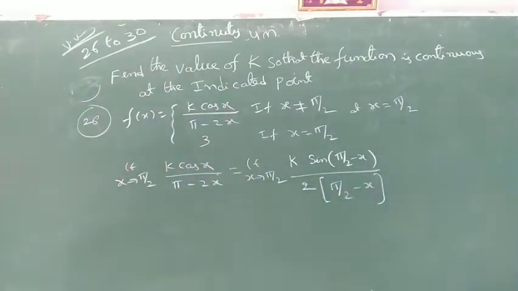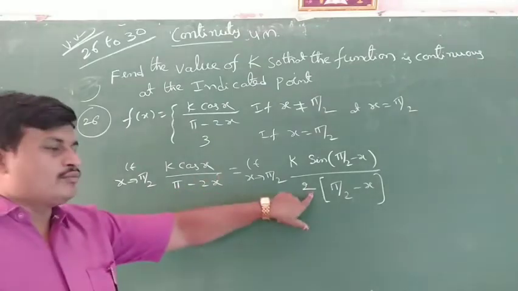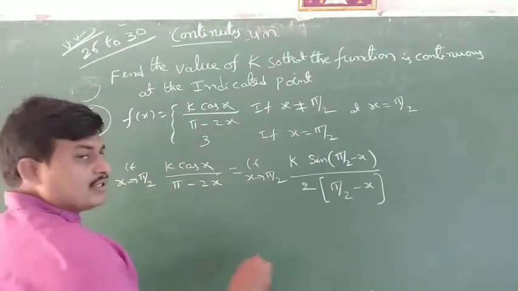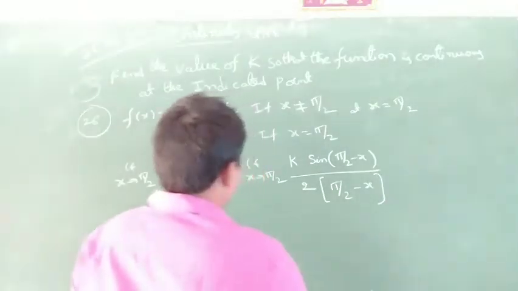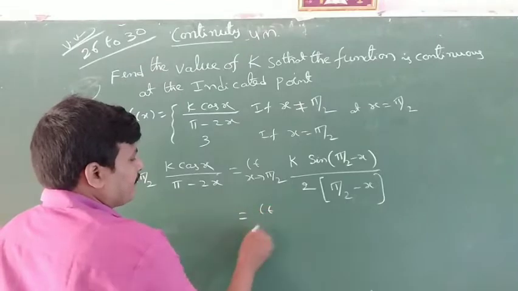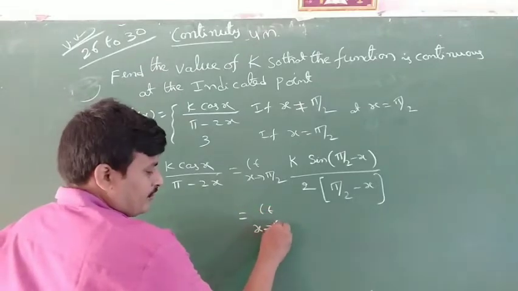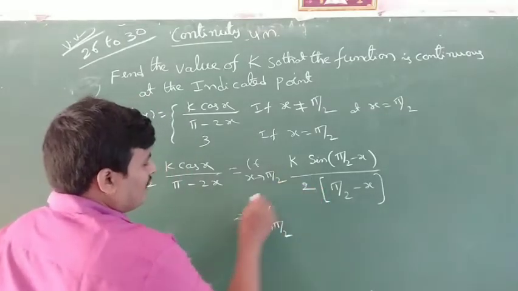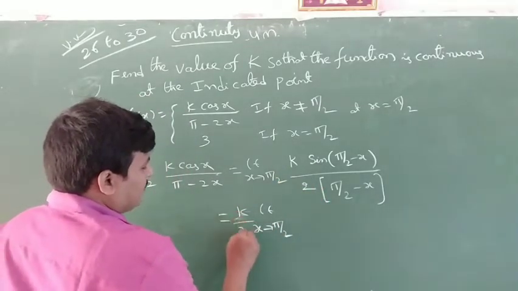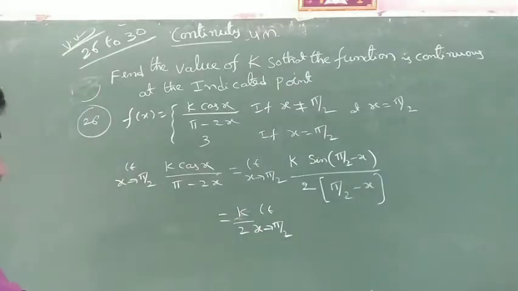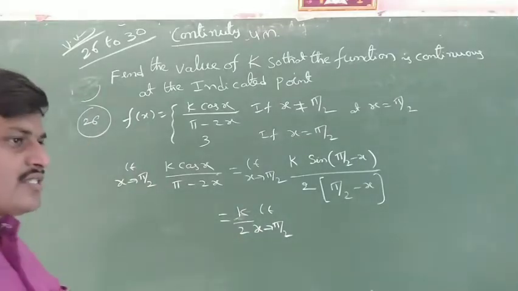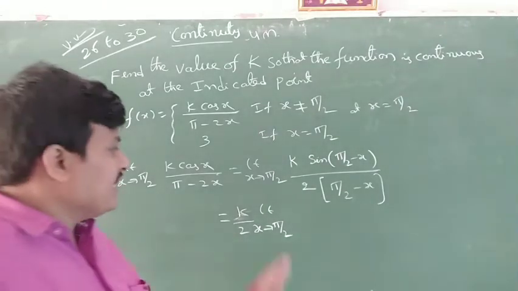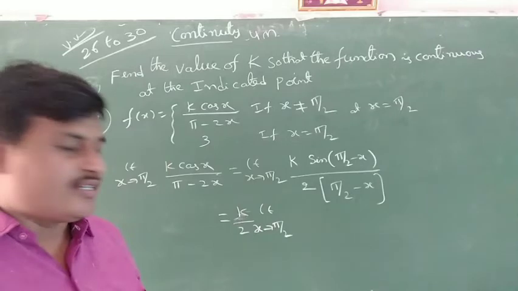In the denominator, take 2 common: 2 into pi by 2 minus x. So, the next one is limit x tends to pi by 2. Separate the constant, because the limit of a constant is equal to the constant.